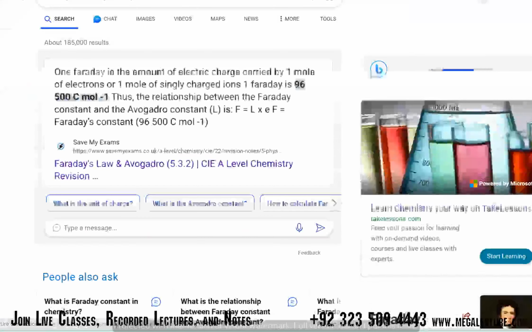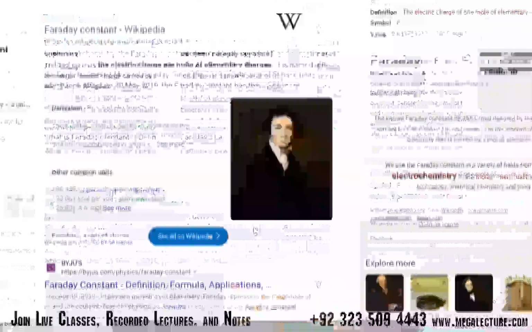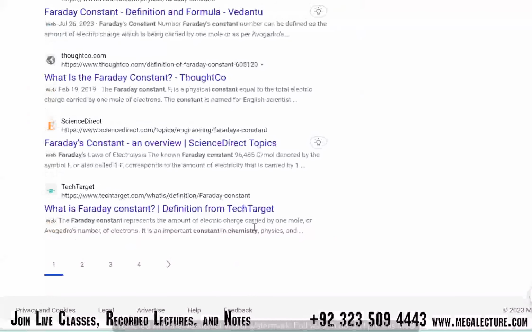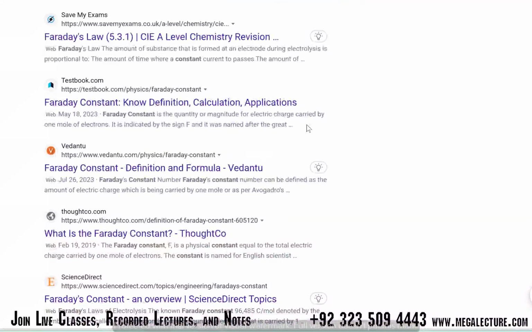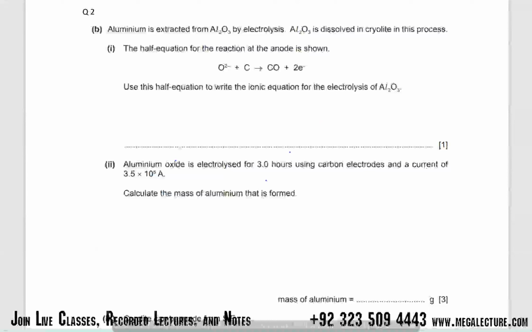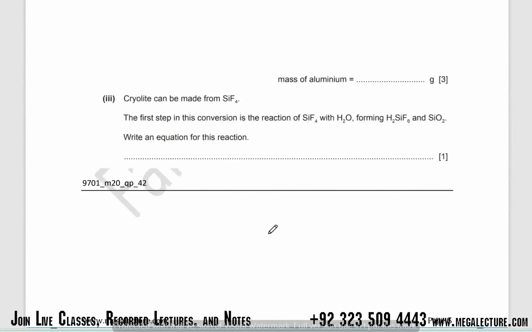I'm pretty sure it's not. So forget it, Faraday constant is definitely not. So remember, calculations related to electrochemistry, that's not part. So ignore those questions. Okay, we're gonna ignore this.